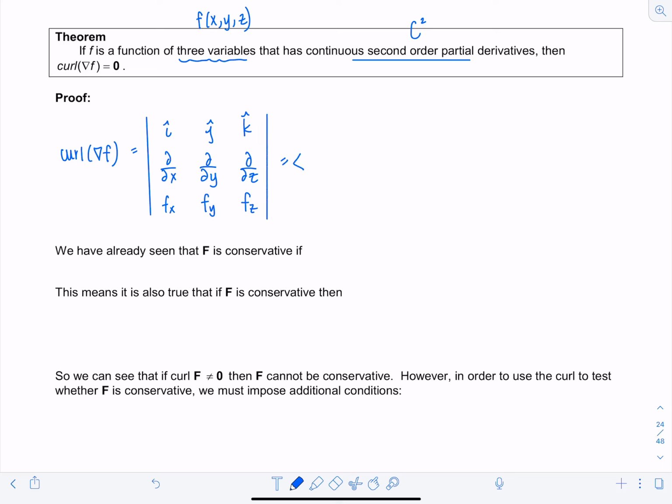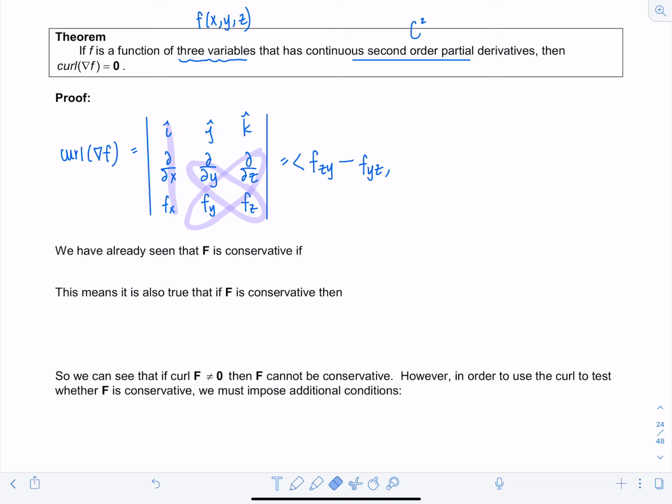So notice here, for our first component, I'm going to take the partial derivative with respect to y of the partial with respect to z. So that would be f partial zy, correct? Minus, and then here, this product, that's going to be the partial derivative with respect to z of the partial derivative with respect to y. So that would be partial yz. Make sure you get the order correct.